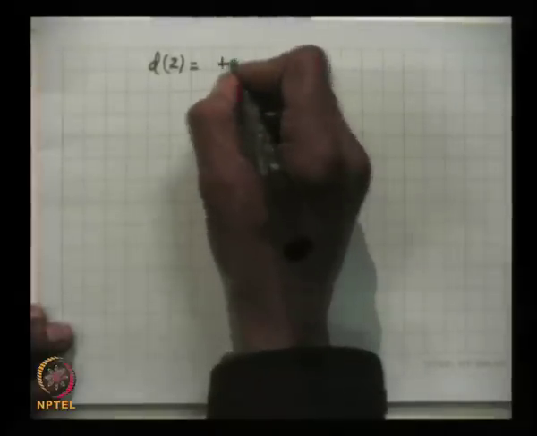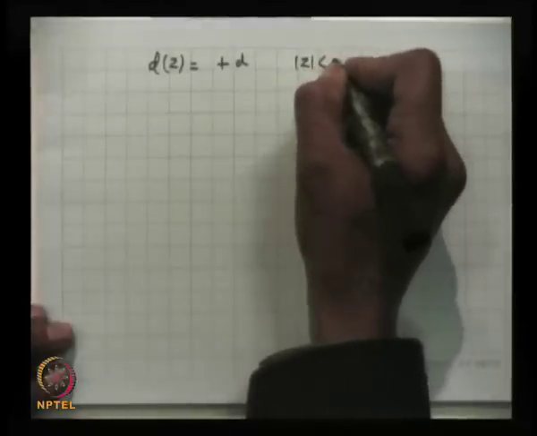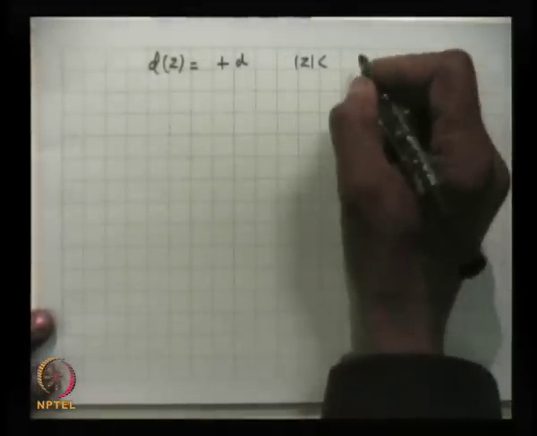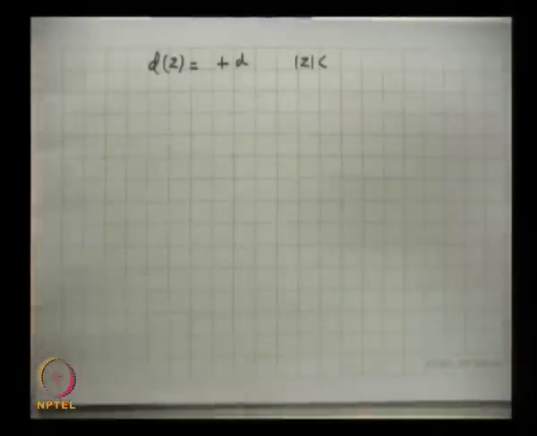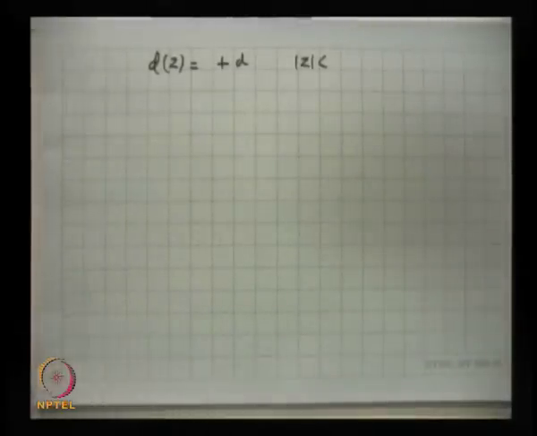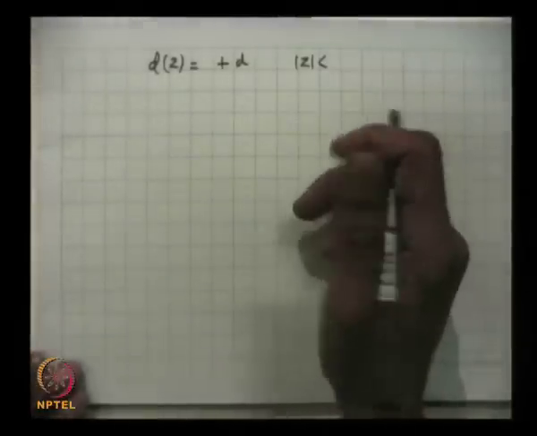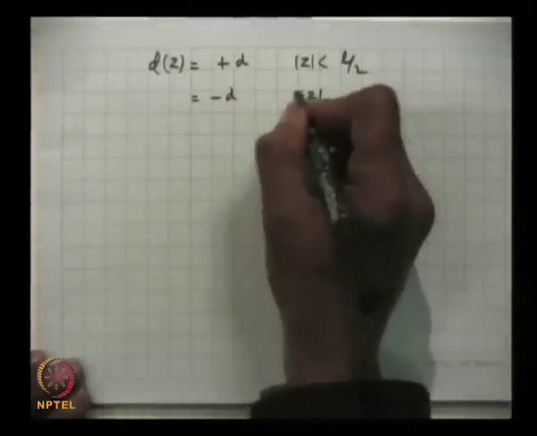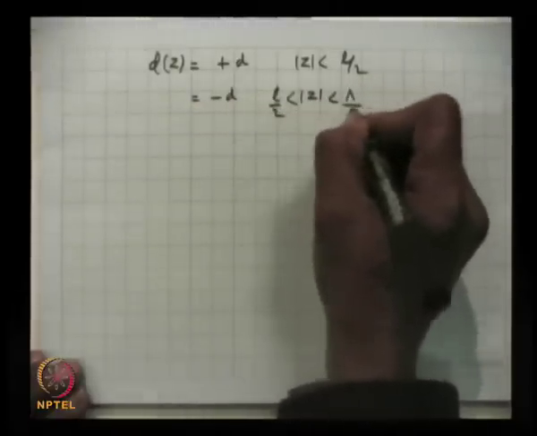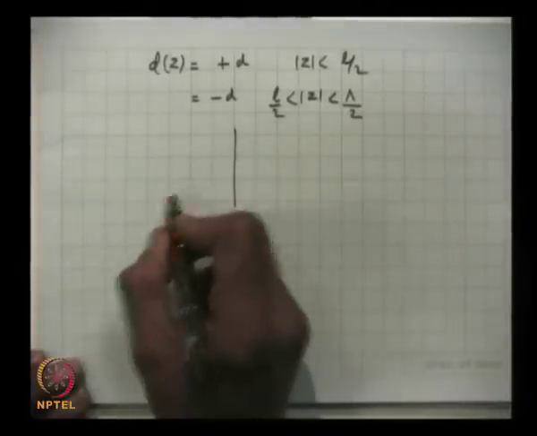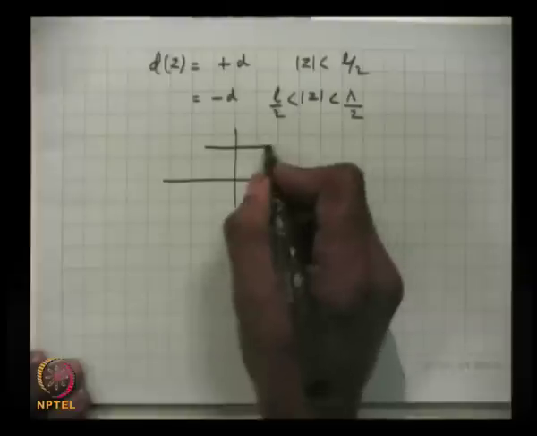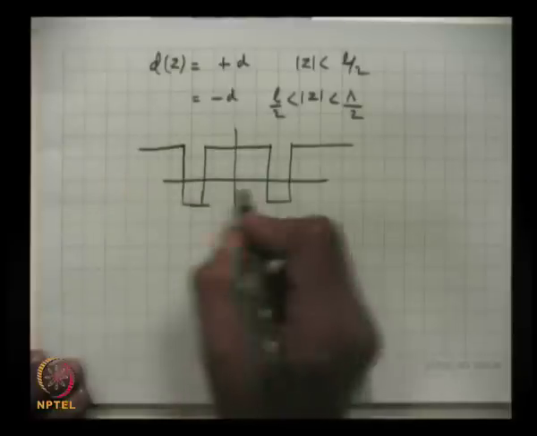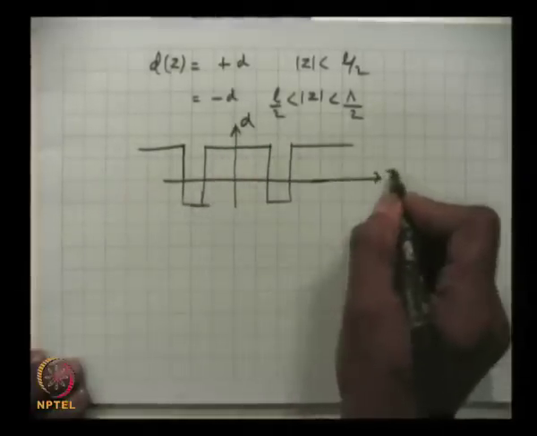D of z is plus D for mod z less than L by 2, and is equal to minus D for mod z greater than L by 2 and less than lambda by 2. This is D of z.